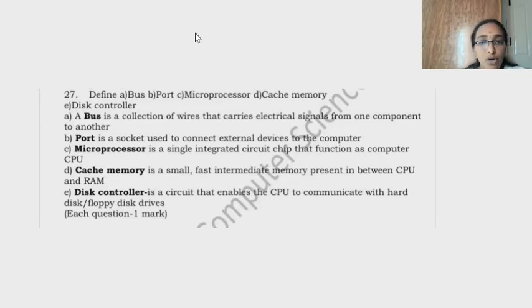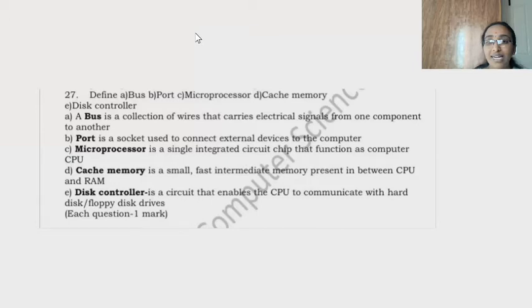Next is the microprocessor. It is a single integrated circuit chip that functions as the computer's CPU. Your CPU will be mounted on it, so a collection of microchips will be present. Next, we have cache memory. Cache memory is a small, fast intermediate memory present between the CPU and the RAM.